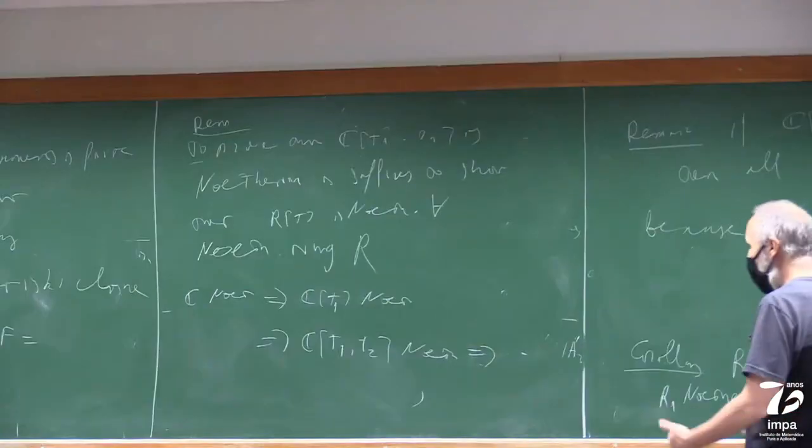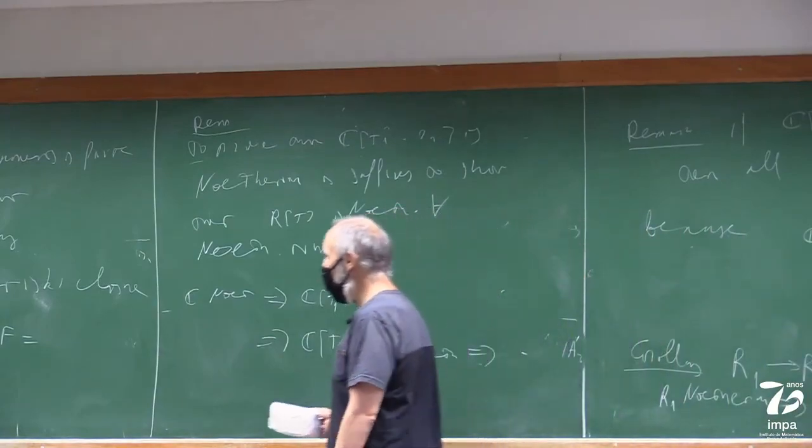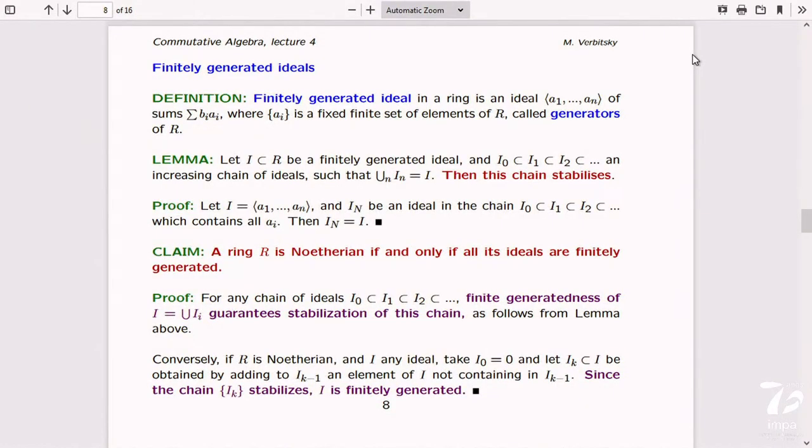So there are two approaches to Noetherianity, and the one which is due to Noether is much more powerful, when you just do essentially axiomatic things.